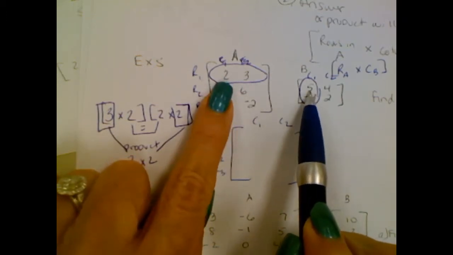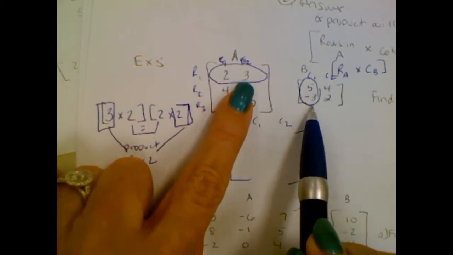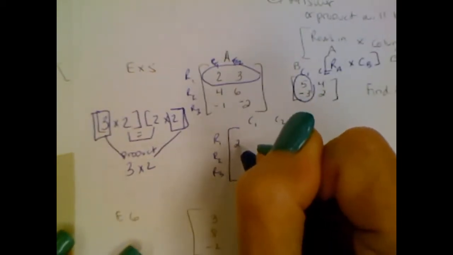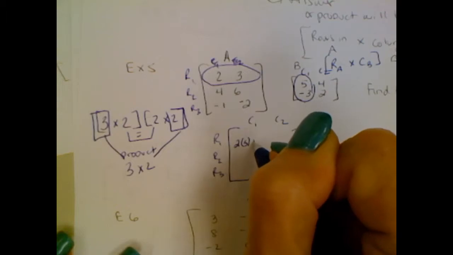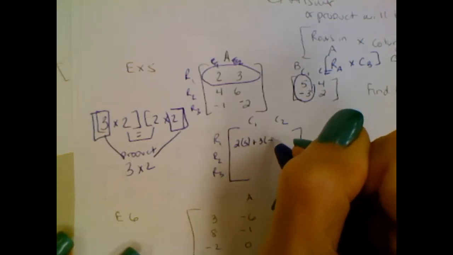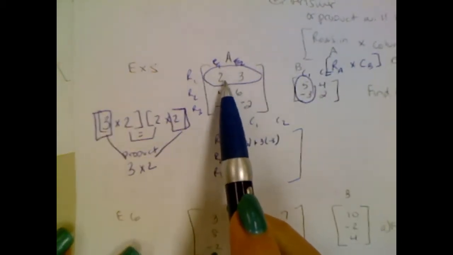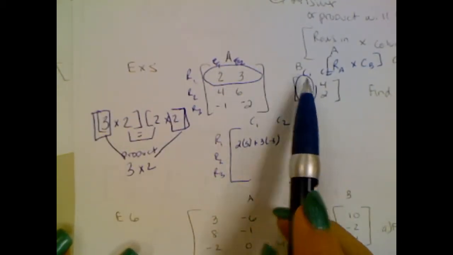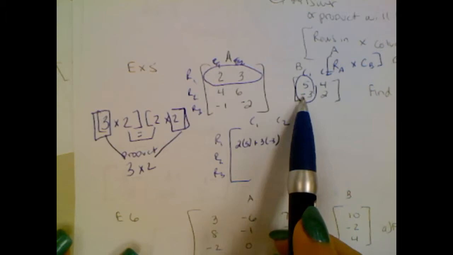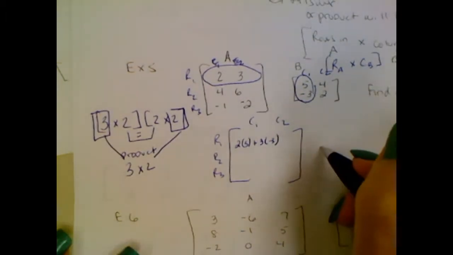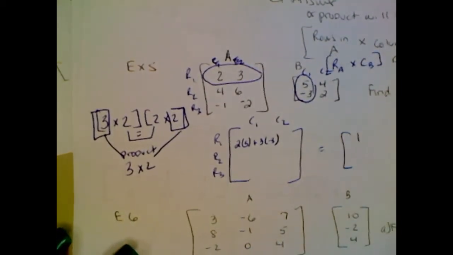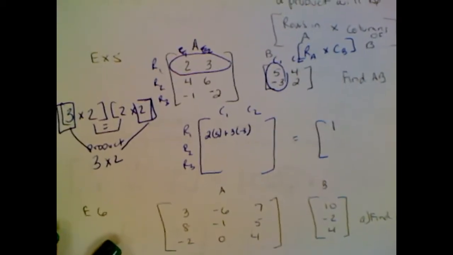I'm going to write that down. So you're taking this first element times this one, and then you're taking this 3 times this one, and you're adding them together. So what is my first answer?